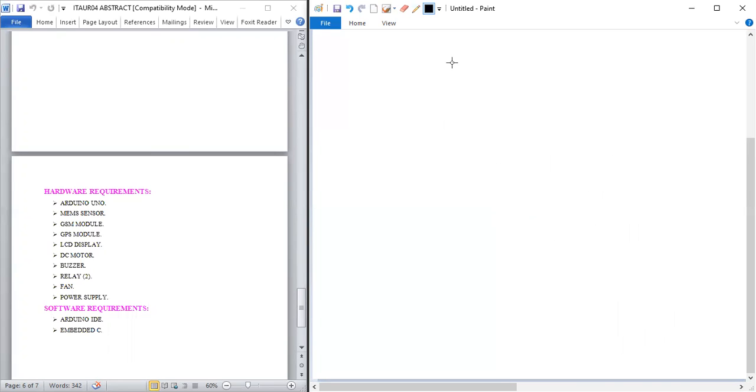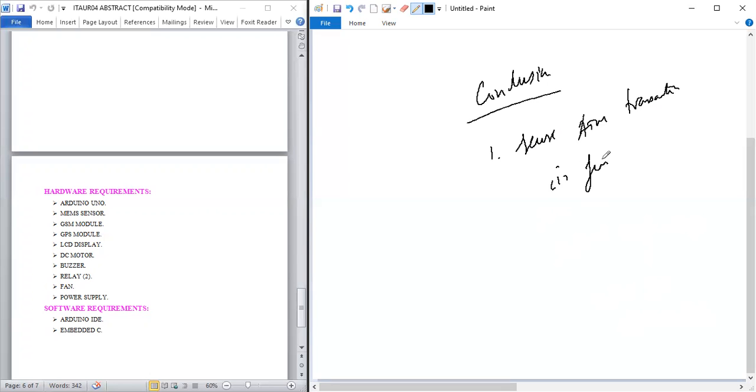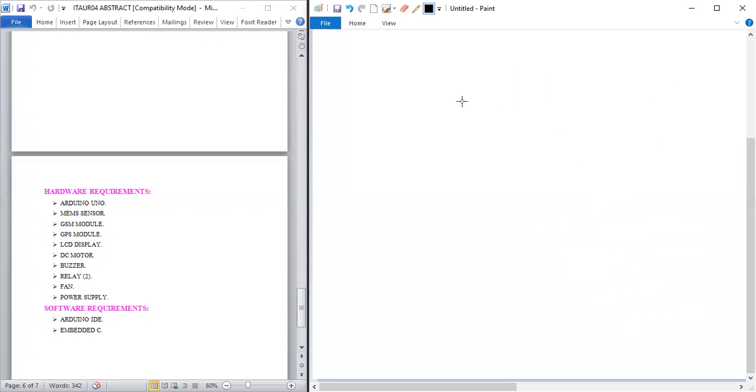On the final conclusion of the project, here we are developing a secure ATM transaction using fingerprint, RFID reader, and then the GSM OTP method. Hence, we developed a secure ATM transaction system, so the existing drawbacks are overcome. Thank you.